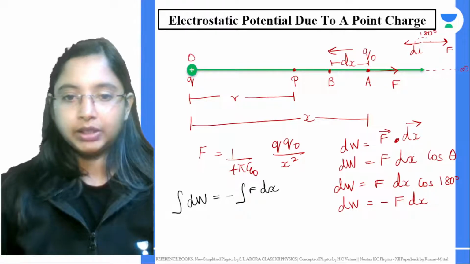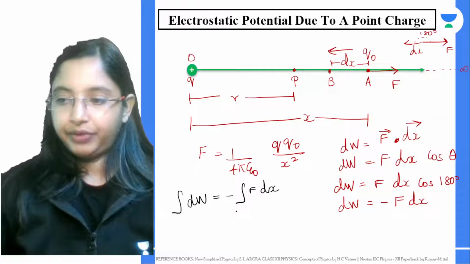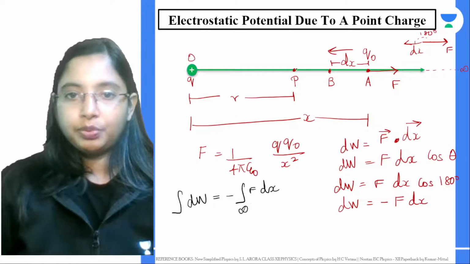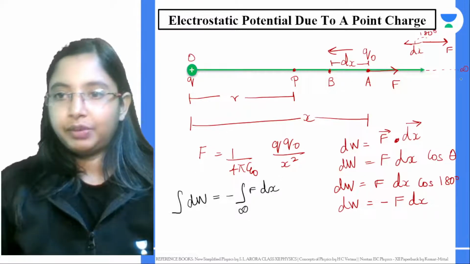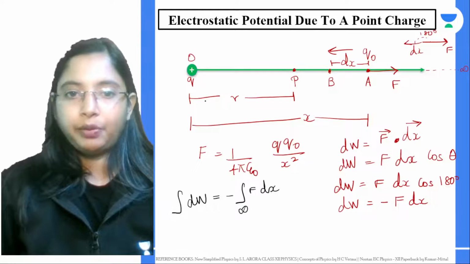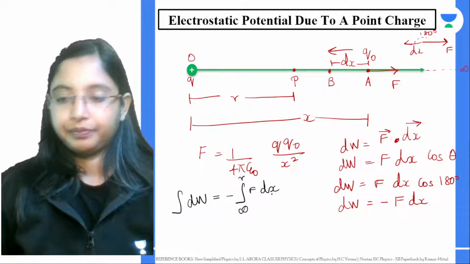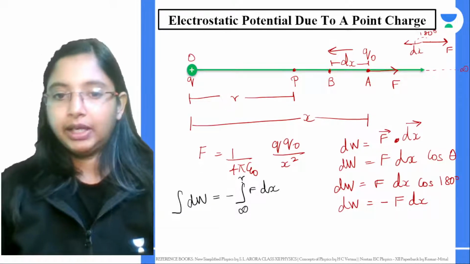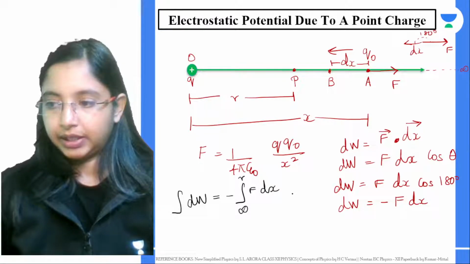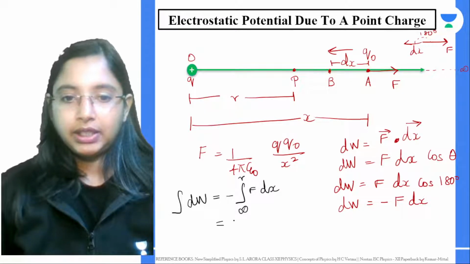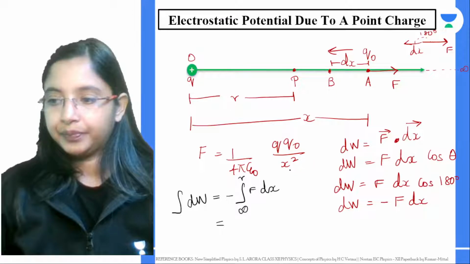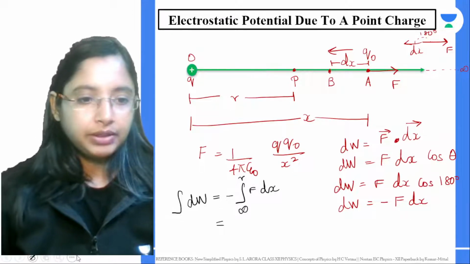But within what limit? You're bringing this charge from infinity to point P, where the distance is r. So you're integrating between infinity and r. Here, what is the equation for F? Let's do this separately.